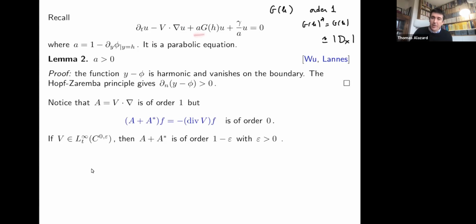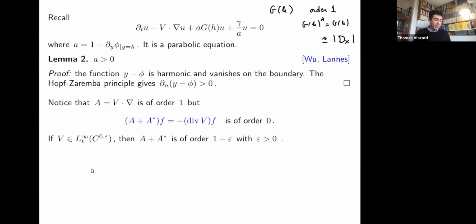So essentially, the nature of this equation will depend on the coefficient A. This lemma says that this equation is parabolic, namely that the coefficient A is positive. The proof goes back to the observation by Sidgwick for the water wave equation that the Taylor coefficient is always positive, and you can prove similarly that A is positive by following the proof by David Lannes.